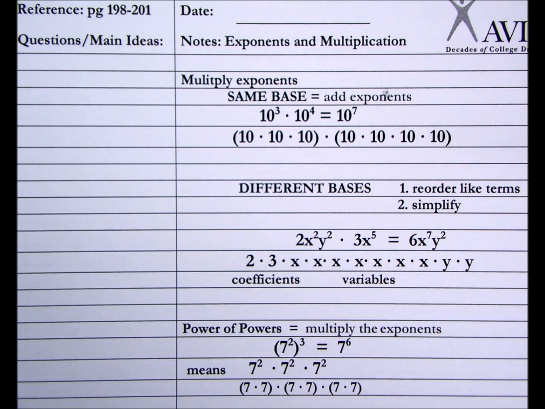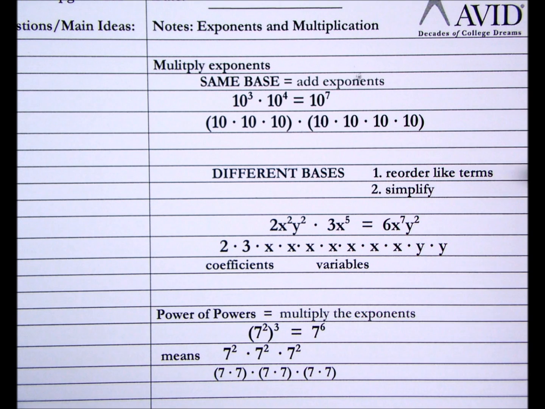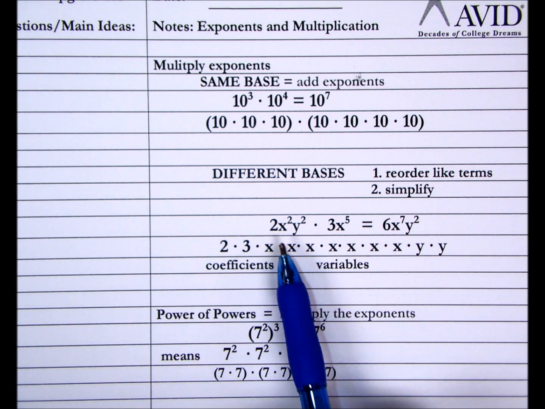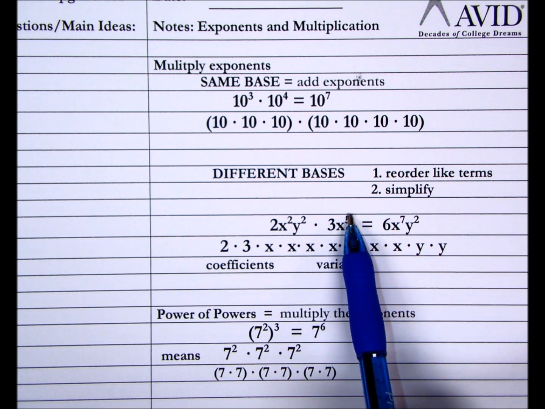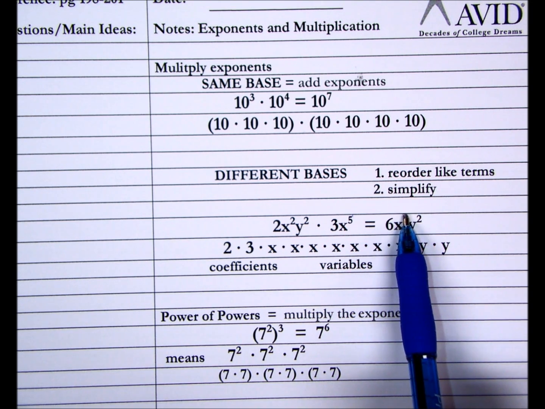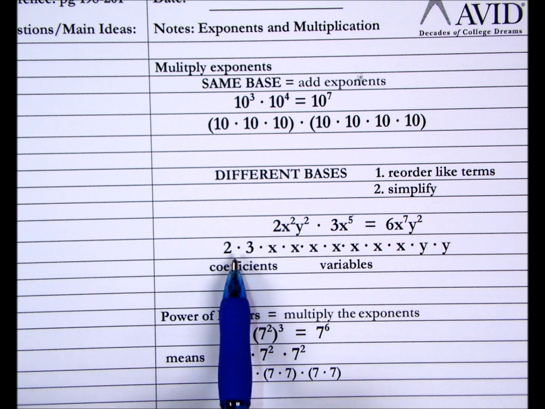If the bases are different, however, you're going to reorder them into your like terms, and then you're going to simplify. So let's look at this example. 2x squared y squared times 3x to the 5th power. It would equal 6x to the 7th power y squared. So we reordered. We put our coefficients together. 2 and 3 were our coefficients.